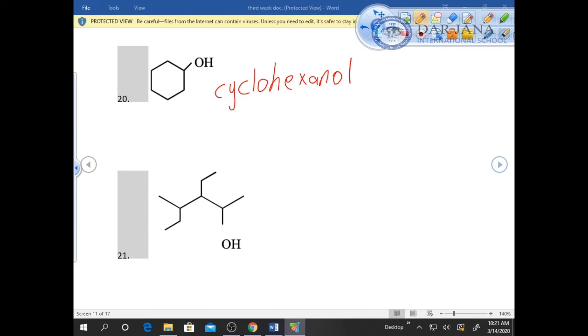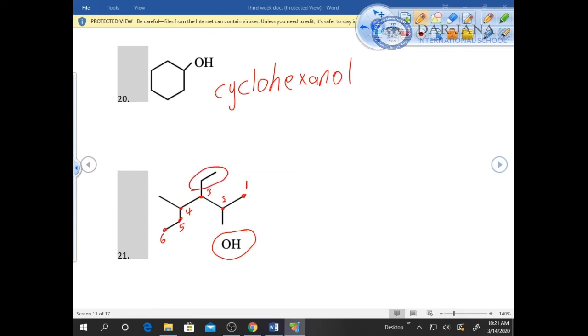Number 21. The longest chain is this one. I will start numbering from this end because it's near to the OH group. So here we have two alkyl groups.